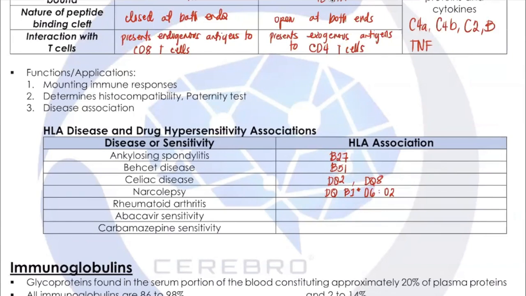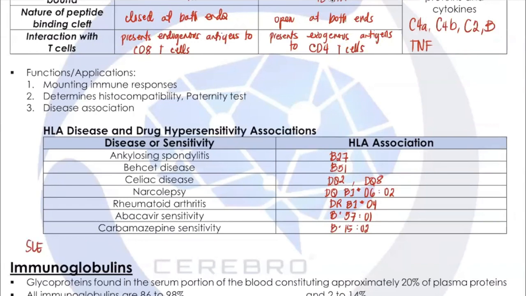Then we have rheumatoid arthritis that is associated with HLA-DRB1*04. We have abacavir sensitivity, that's HLA-B*57:01. And we have carbamazepine sensitivity, we have HLA-B*15:02.